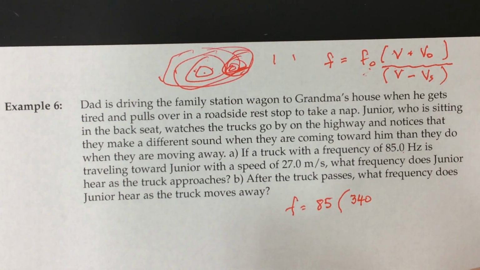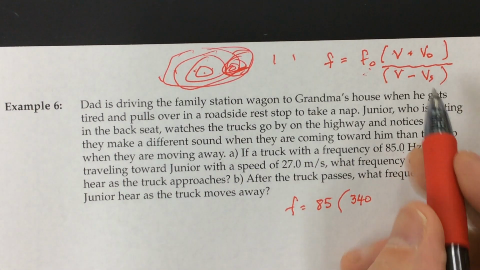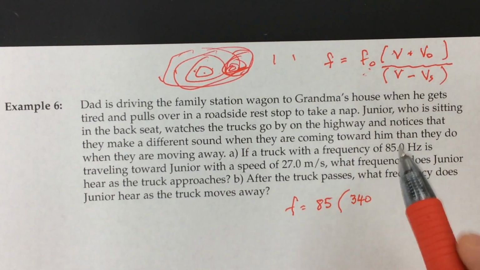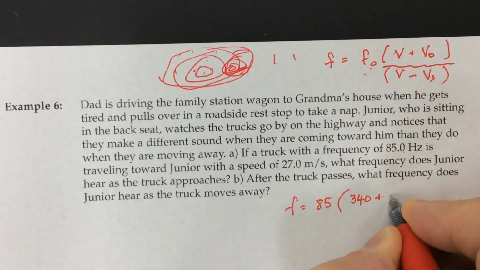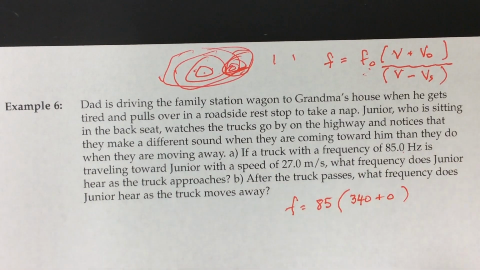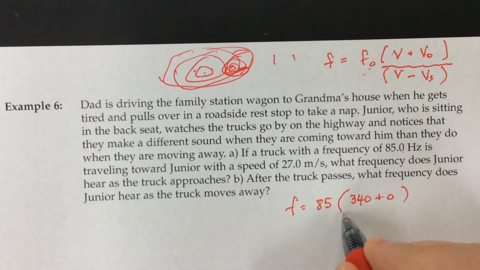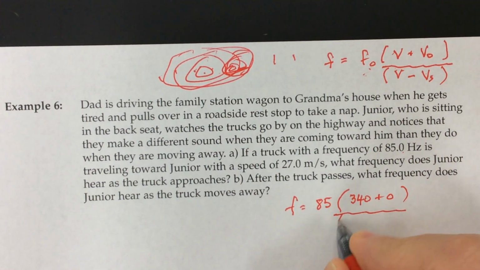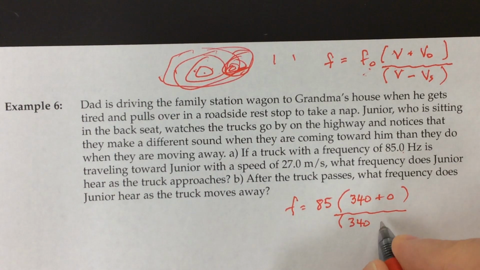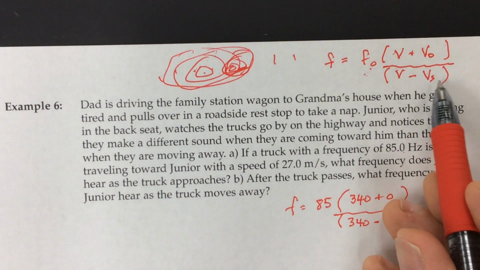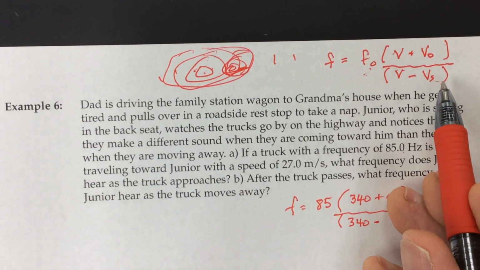Okay, and then we're going to do his speed. Now he's not moving, right? He's at rest, so we're just going to call that 0, of course. And then we're going to have the speed of sound again, 340. And then we're going to subtract the sound that's coming at him.